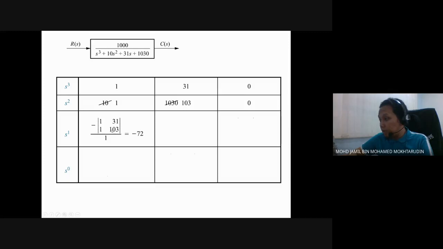So the determinant here, you determine the values of the elements inside the determinant by taking the value 1 here, and then 1, 31, and 103 divided by 1, this one, okay. And then you get negative 72.